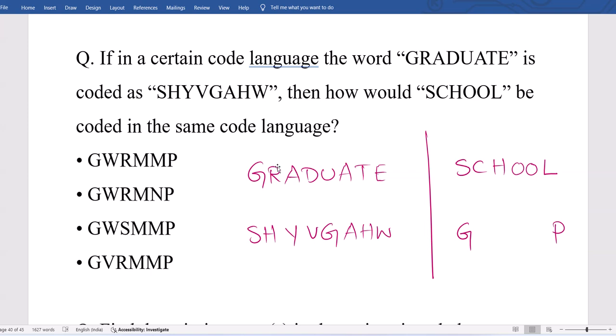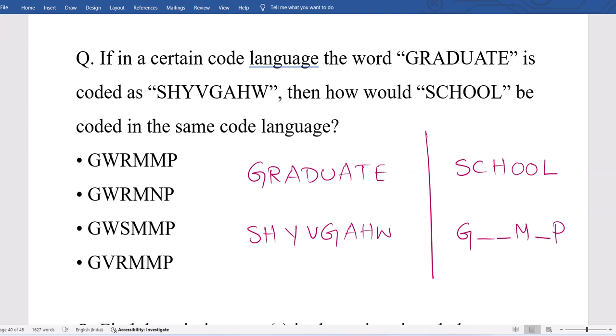Now let's think about that. Maybe this letter is also M. M is common here. Only 3 slots you actually need to calculate.